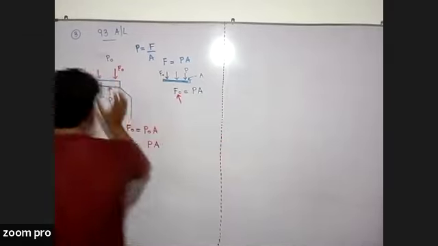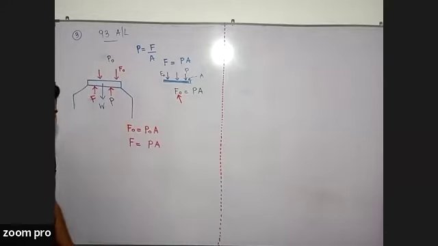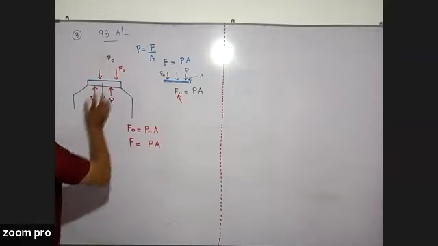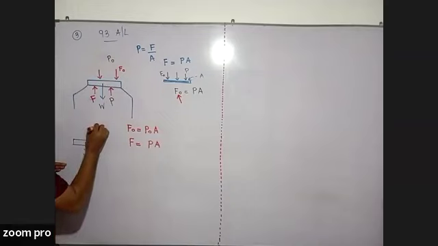Now, this lid is in an equilibrium state under these forces. There are three forces exerted on this lid, and what are they? First one is the weight of the lid. The other ones are the force exerted by the atmospheric pressure, and the force exerted by the air inside the vessel.